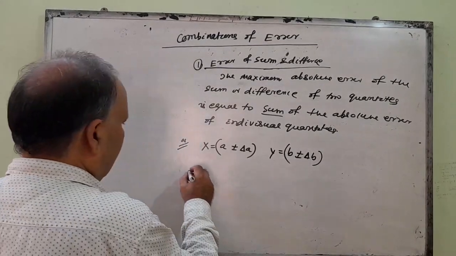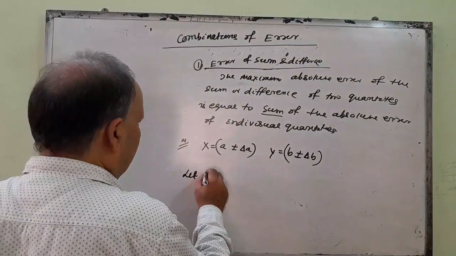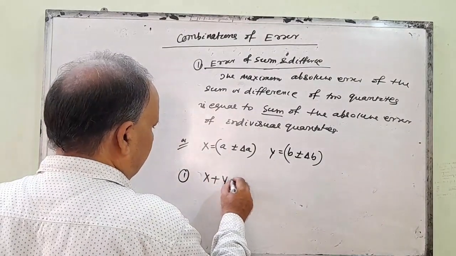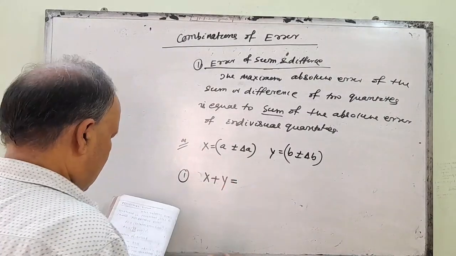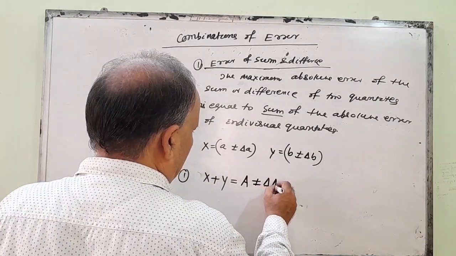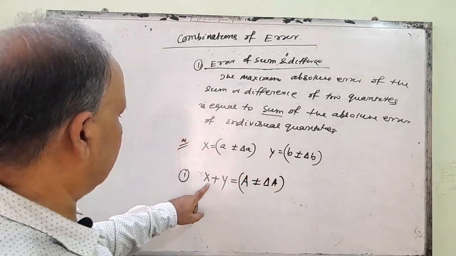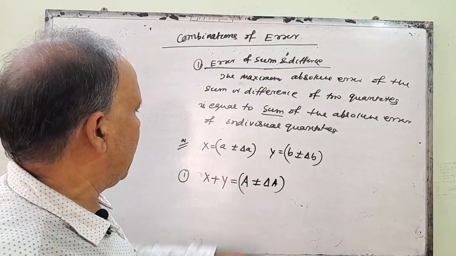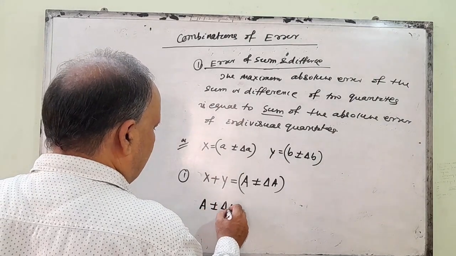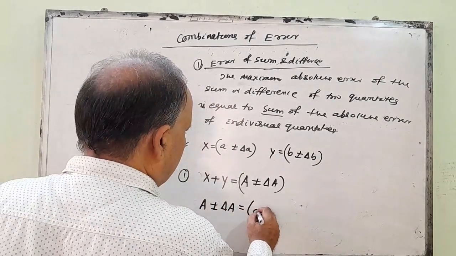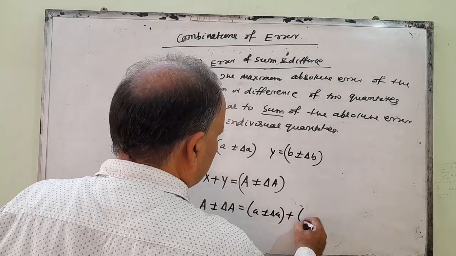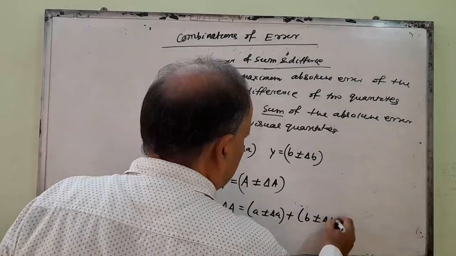Now x plus y, when we add x with y, we get a plus minus delta a plus b plus minus delta b.